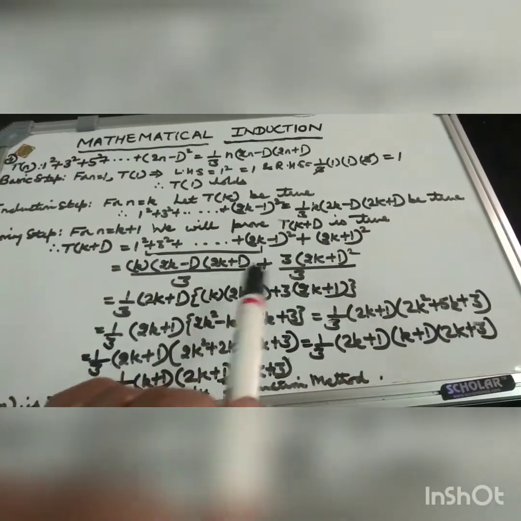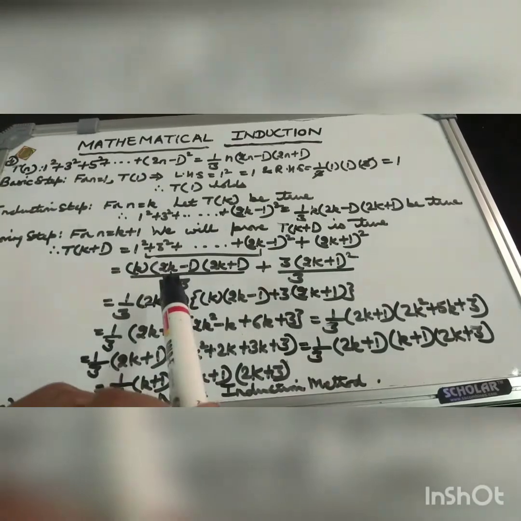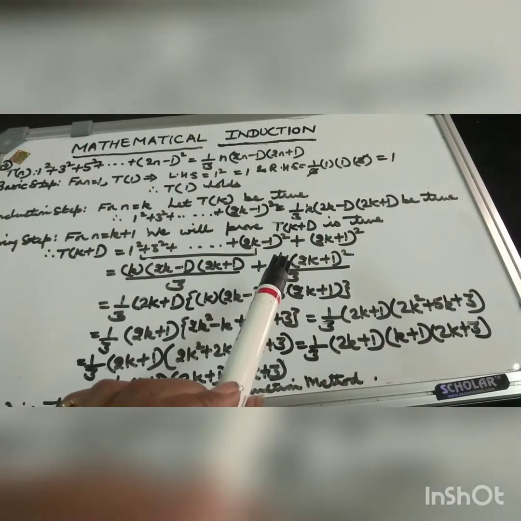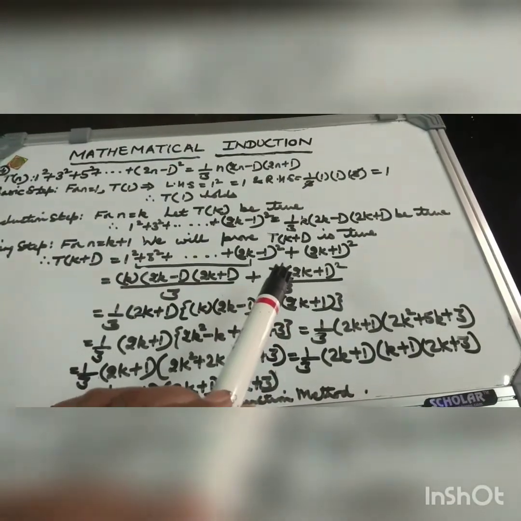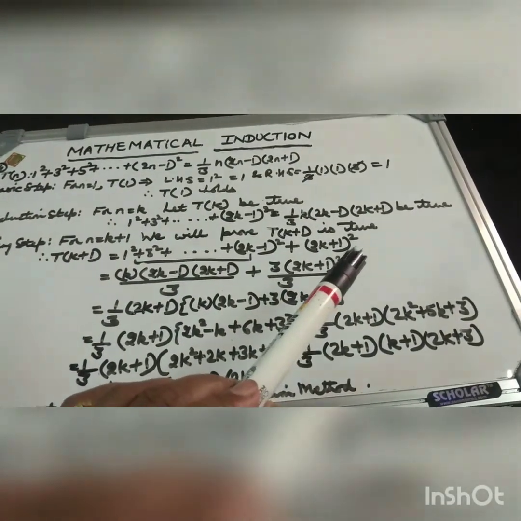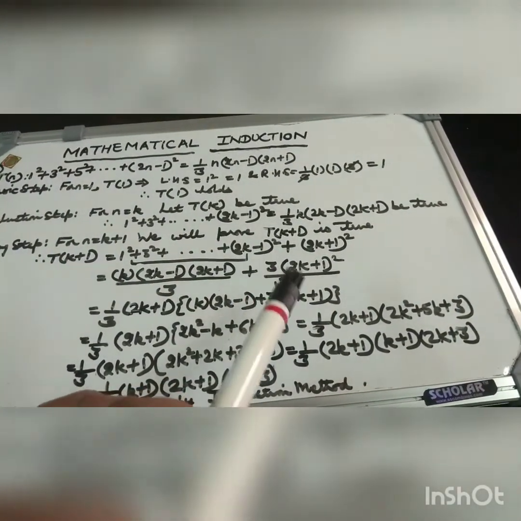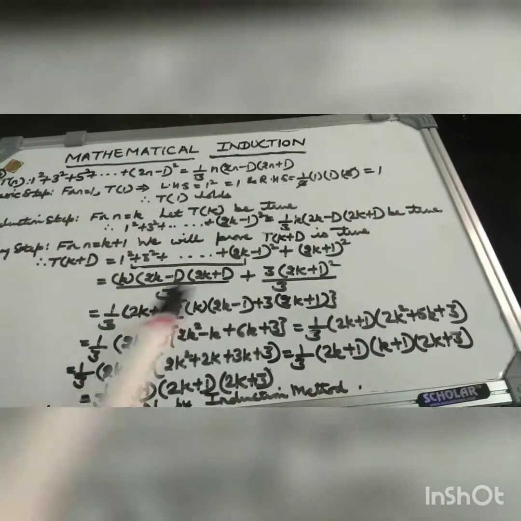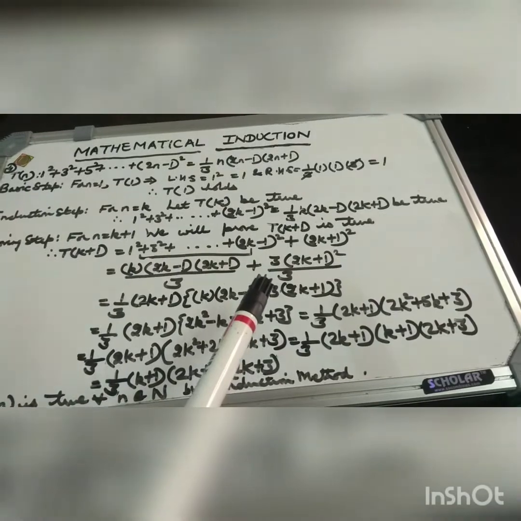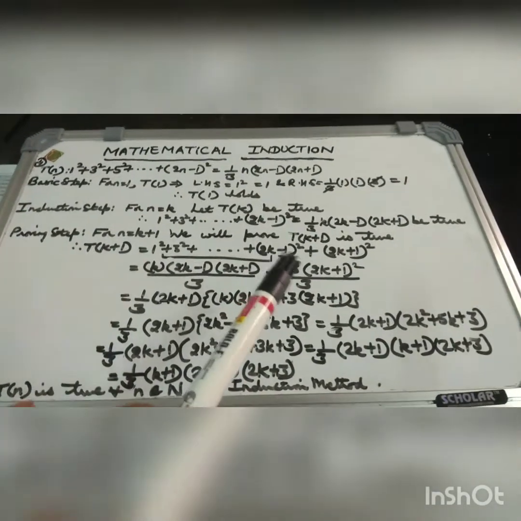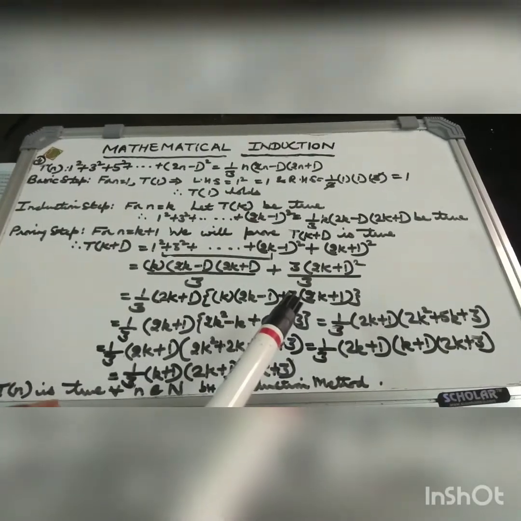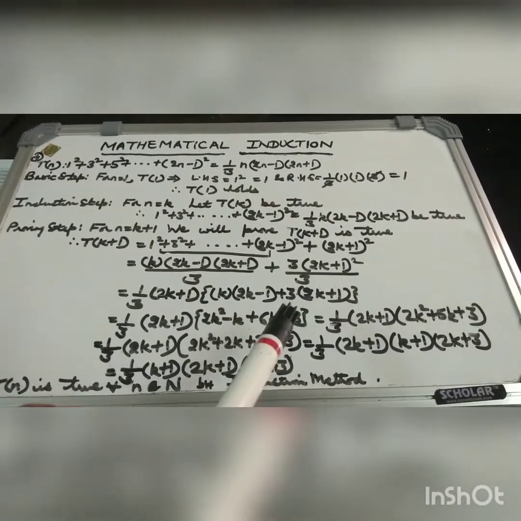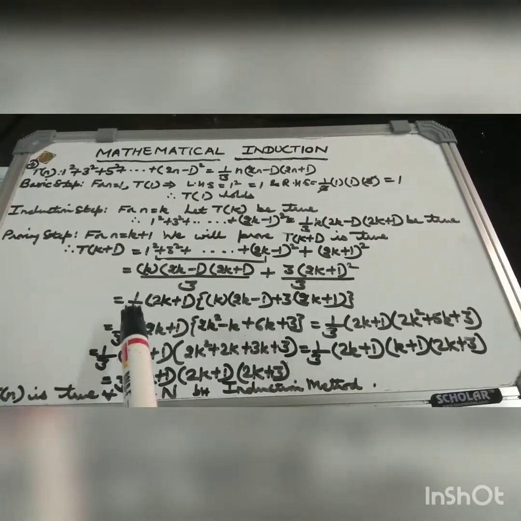I am simply trying to take 3 common, so I have done multiply and divide by 3. So you are getting (2k plus 1) whole square into 3 upon 3. Now 1 by 3 if I take common, obviously without this also you can manage if you have the concept. I have shown you the step so that some of you will understand why we are writing this 3. Therefore I am doing like this.